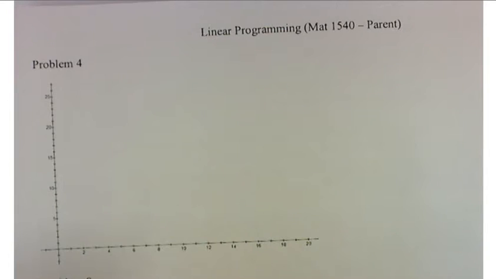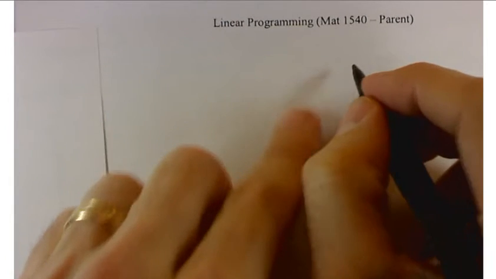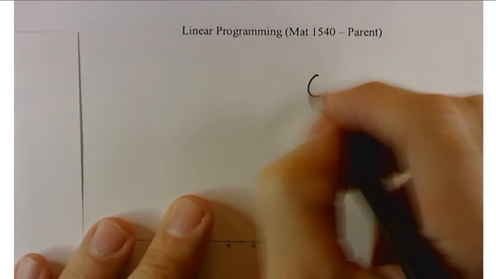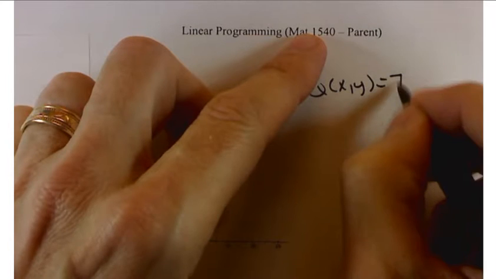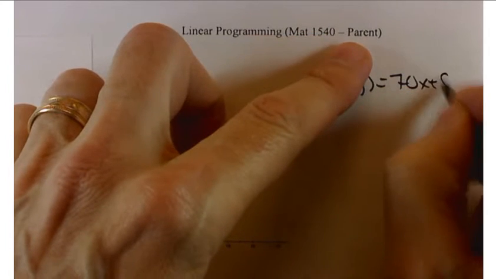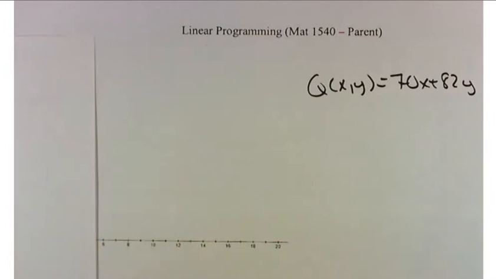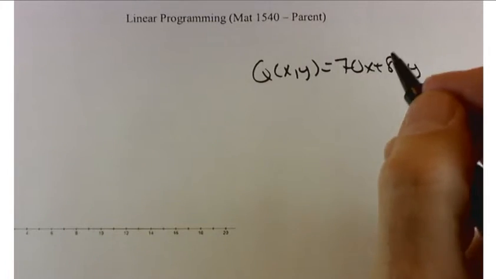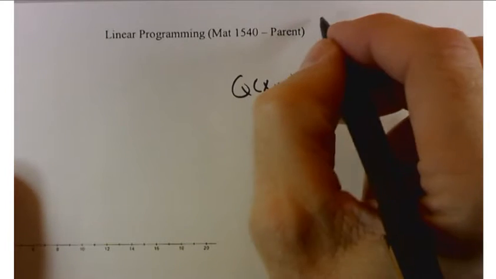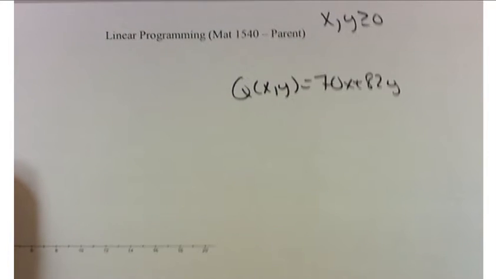Okay, so let's write down the conditions for our next example. Our objective function is going to be q of x, y equals 70x plus 82y. We're going to have conditions on our linear programming problem of the following. X and y are both greater than or equal to 0.